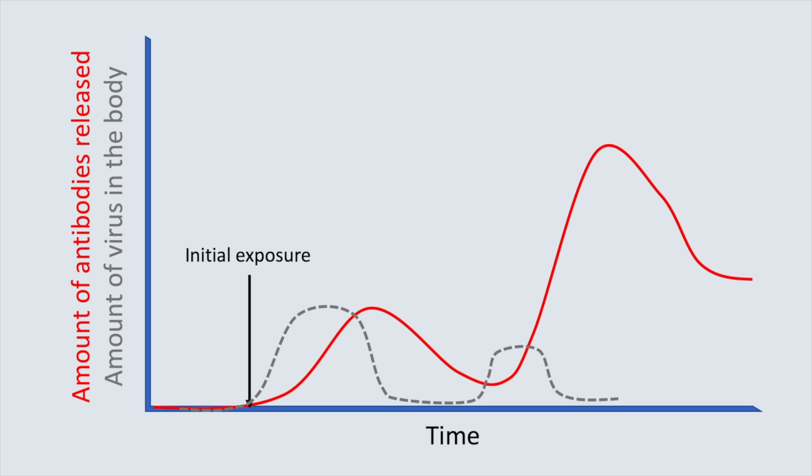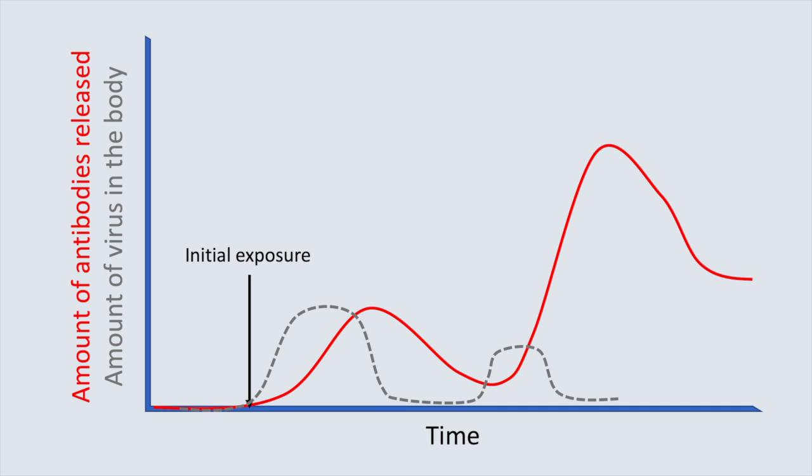And this graph here is kind of a classic graph that shows two things. It shows, number one, the response of the body in terms of releasing antibodies, which we see in red. So the red line is indicating antibody release. The dashed gray line is representing the amount of virus in the body. So with any viral infection, we have an initial exposure shown here.